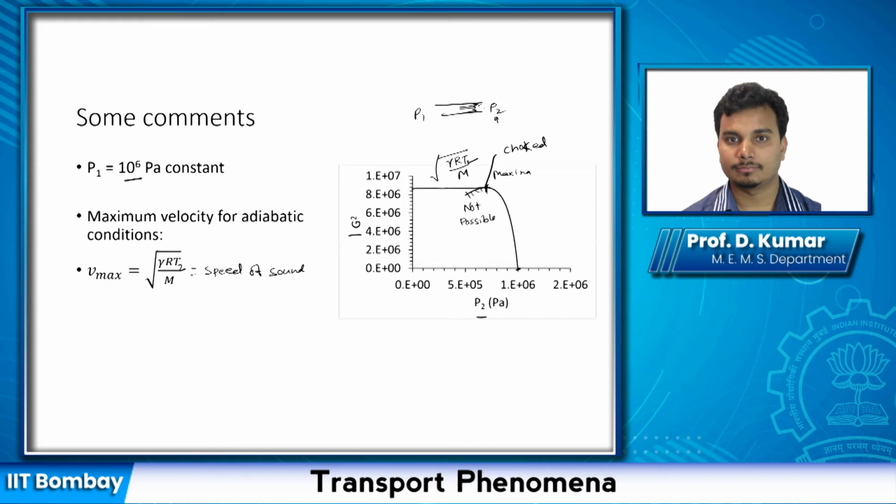Here this gamma RT by M may be something else, T1 by M is something else, and here it is something else. So it is likely to be choked here, and you can do some thinking on why it will be choked here. So this gives you the maximum fluid velocity.